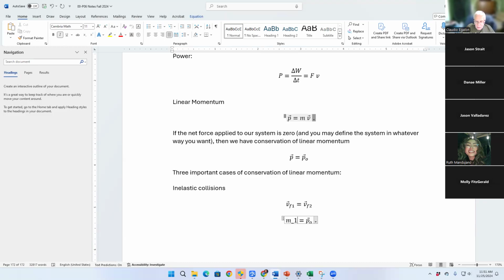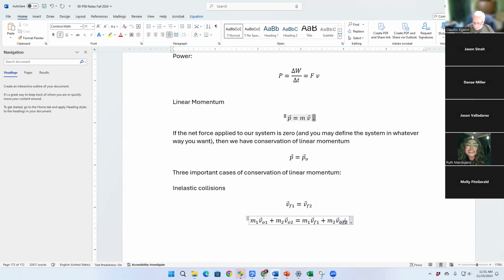M1 times v naught 1 plus M2 times v. That's the most generic equation that you're going to see, right? Oh, and let's put also our vector here, to make it even more generic. And then all I have to do is change this subscript from initial to final.